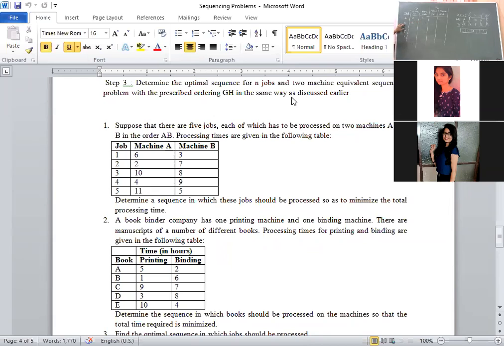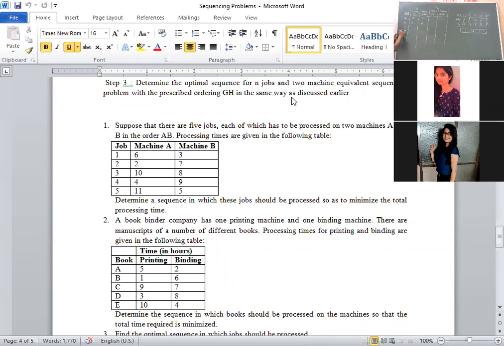This is job 4. Go through the original problem. Machine A is taking how many hours for job 4? 4 hours. Initially to perform the second job, it took 2 hours. To perform the fourth job, it will take 4 hours. That is 2 plus 4, 6. Right now, at the 6th hour, job 4 will be completed.